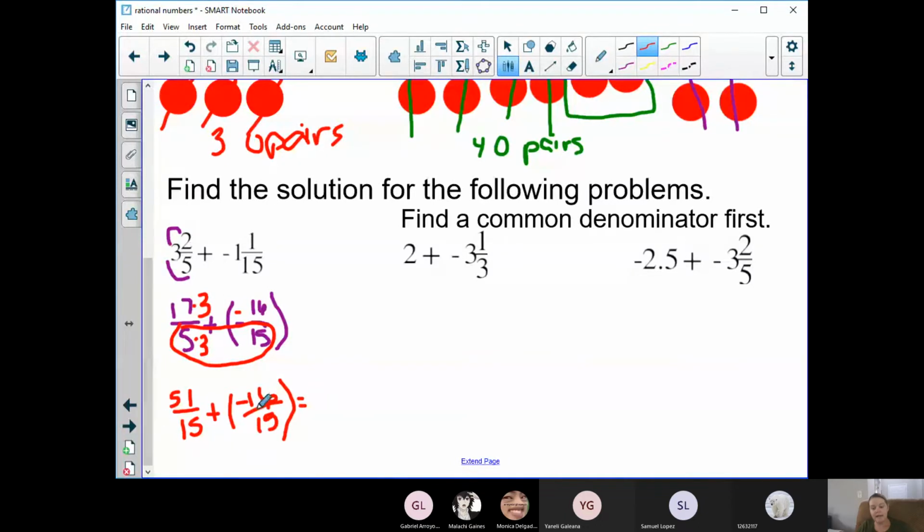All right, so now I can add. And when we add fractions, the denominator stays the same. And I add my numerators.